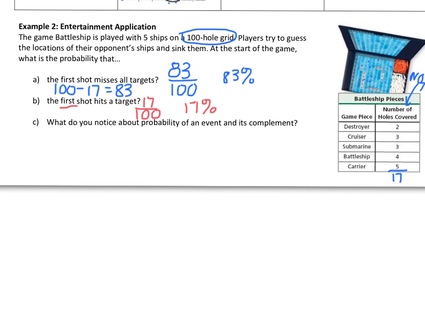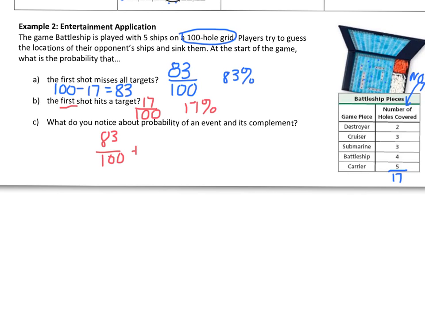So all you can do in Battleship is either hit a target or miss the target. You can't really do anything else. So those two events are complements of each other. What do you notice about the 83 and the 17%, or the 83 over 100 and the 17 over 100?